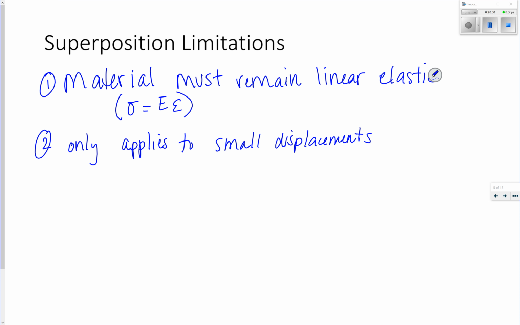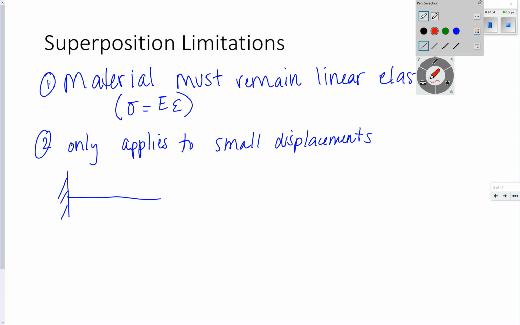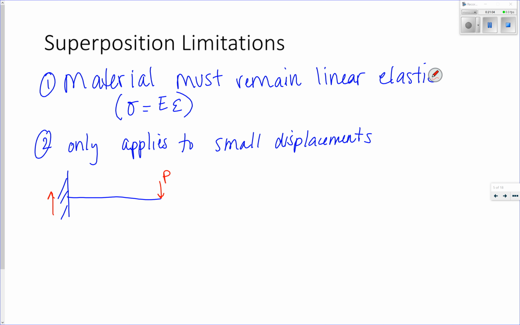What does small displacements mean? Let's look at if we had a cantilever beam subjected to a concentrated load. That would result in a reaction force over here of P and a moment M, which would be P times the length, right?